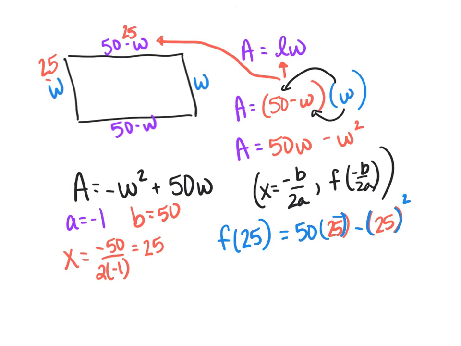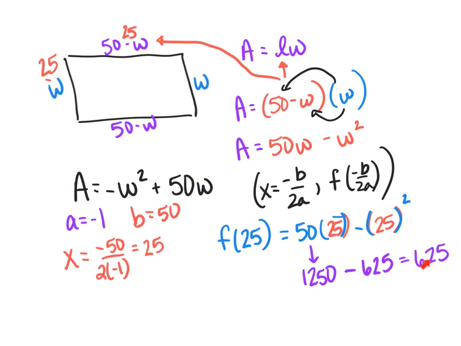And so when I do this, I get 50 times 25, which is 1250, minus 25 squared, which is 625. And then 1250 minus 625 is just 625. So the maximum occurs at 25, and that actual maximum area is going to be 625.